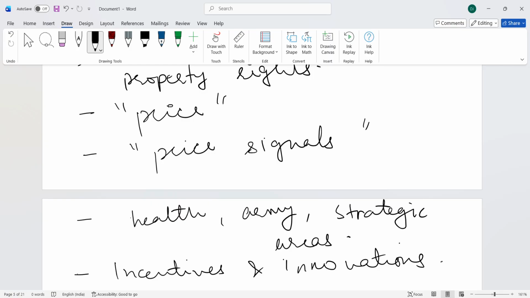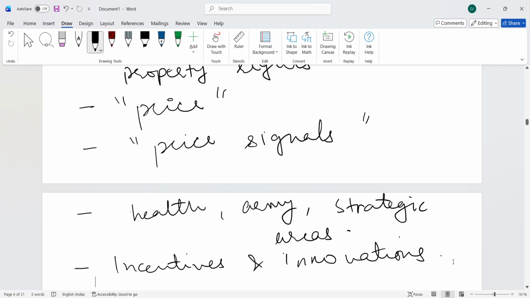So that incentive helps them to innovate, so that they can, let's say, reduce their cost of production and earn higher profits. So these two things which were absent in your command economy are very much present in a market economy: incentives and innovation. All right.